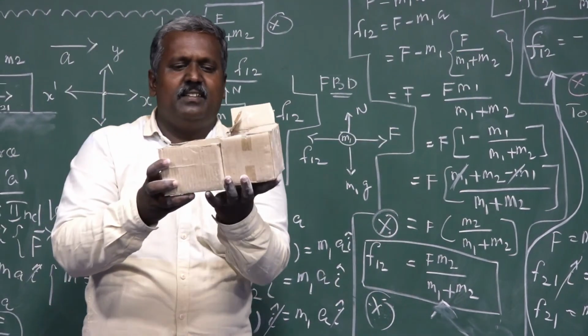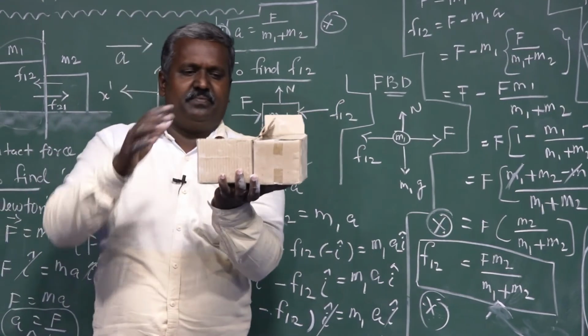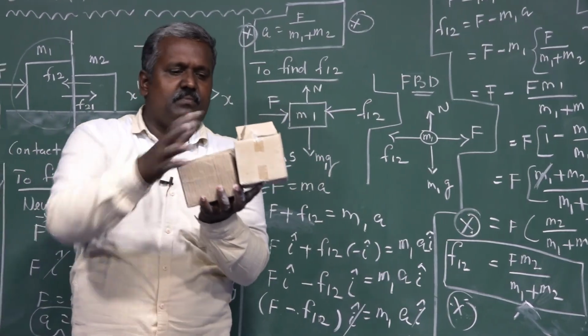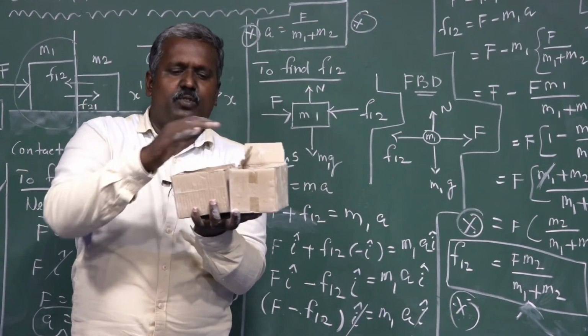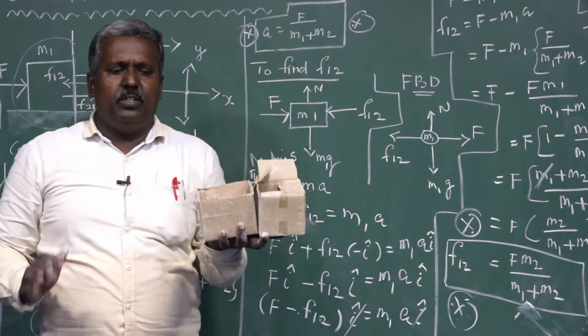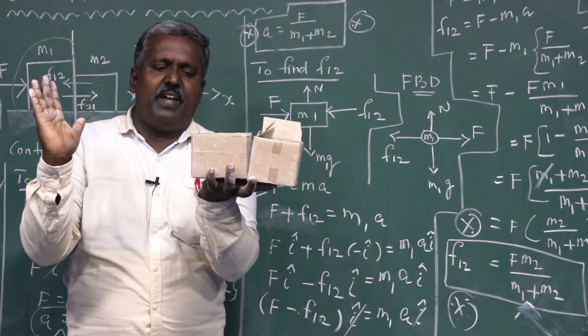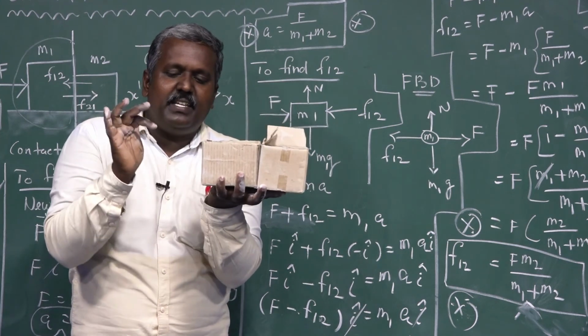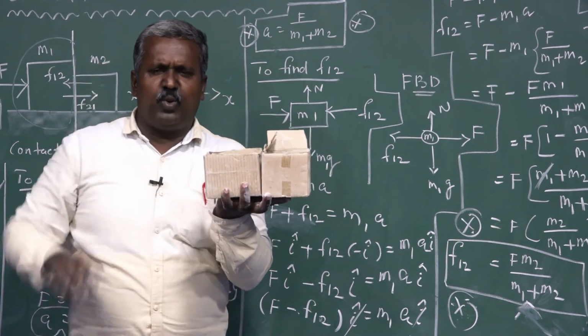Listen. Two blocks of masses M1 and M2, M1 greater than M2, and a horizontal force capital F acts on this system, that means on M1 only.